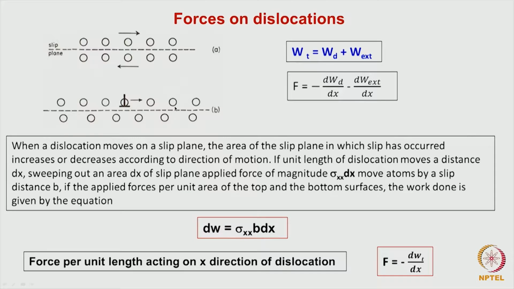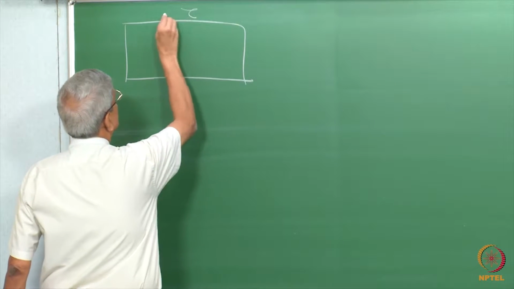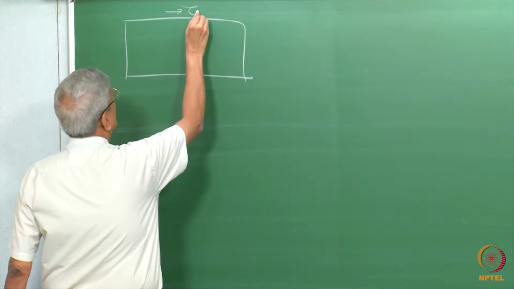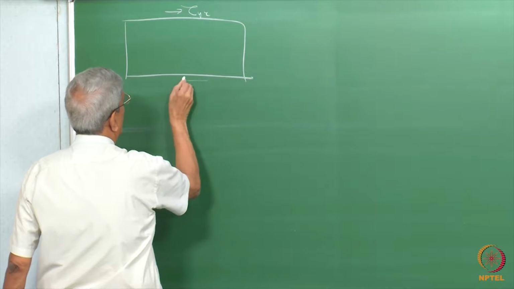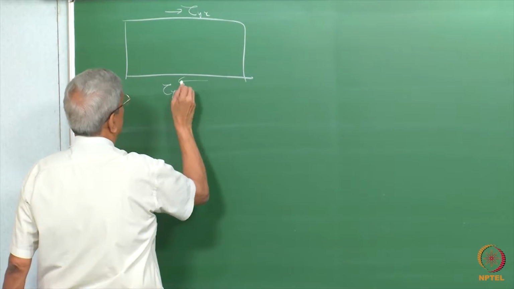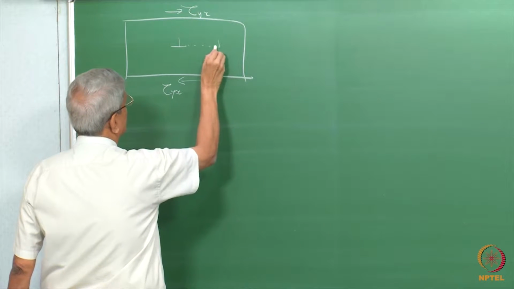When a dislocation is present, there is a stress and strain field around it, from which we can calculate the energy, that is, the self energy. When we apply an external stress in this direction, the dislocation moves from here and reaches here.